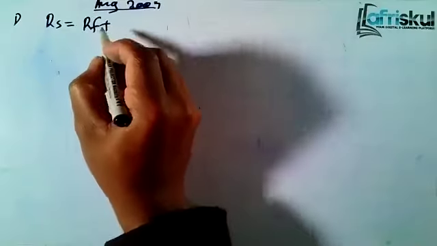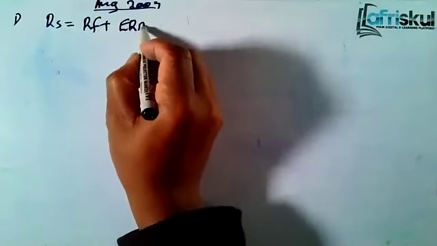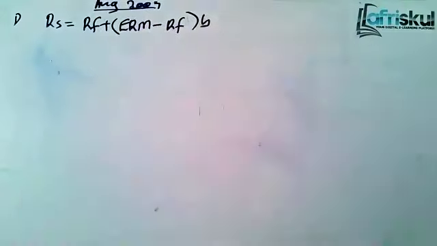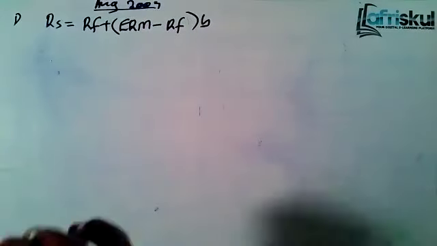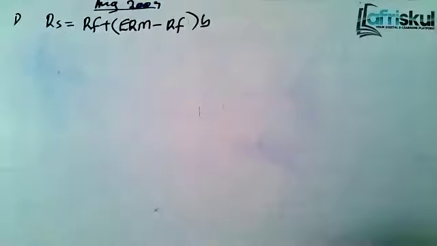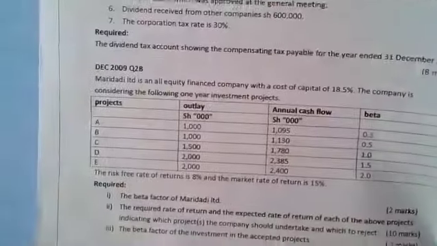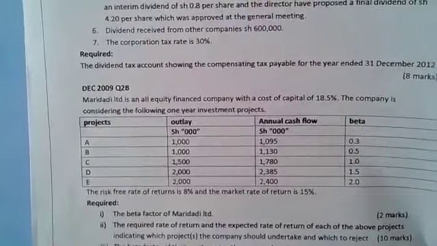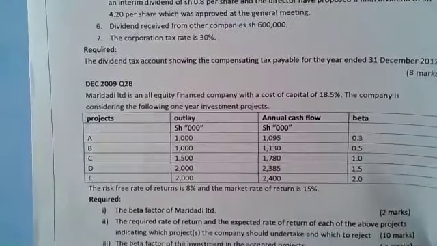Return of the security is equal to risk-free plus expected return of the market minus risk-free rate, multiplied by the beta. And return of the security is equivalent to the cost of capital. We have been told in the introduction that Maridadi is all equity financed with a cost of capital of 18.5%.